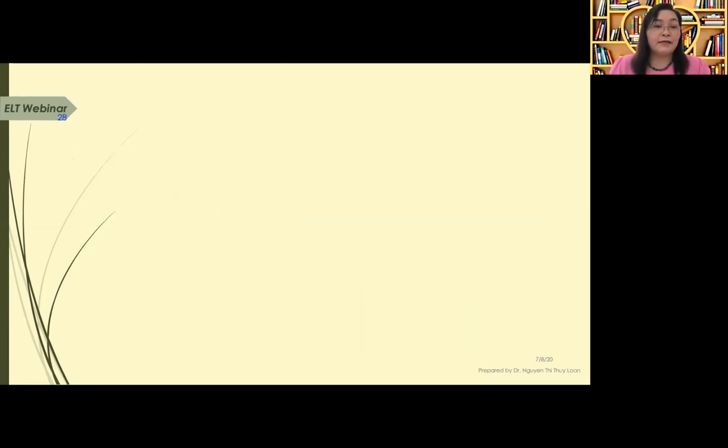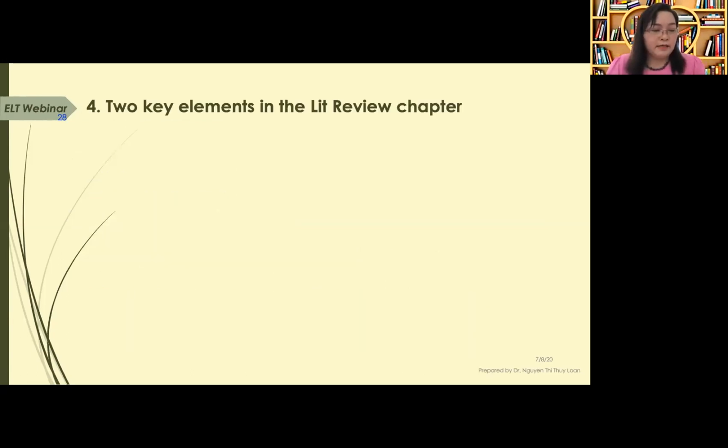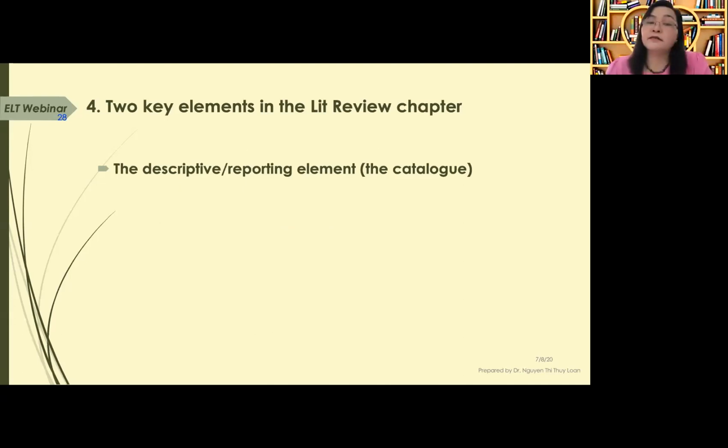Okay, now continue with the last one. You need to structure your paragraph, but remember that the paragraph for each review topic should have two elements. So what are they? The first is the descriptive element.